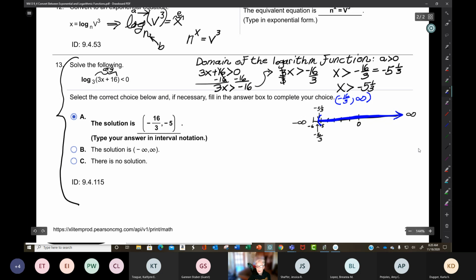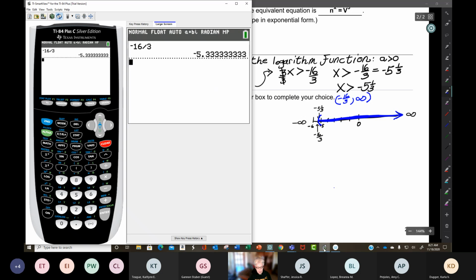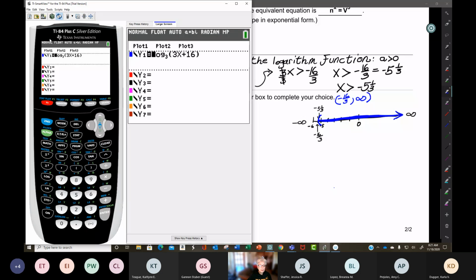Now, we're going to get a picture of this. Oh, wrong button. Which I also did last night. Here's the log.